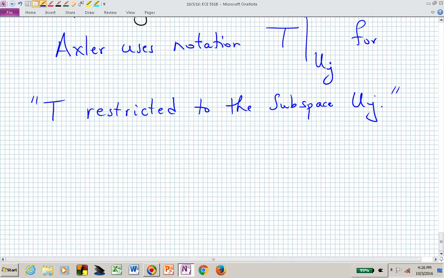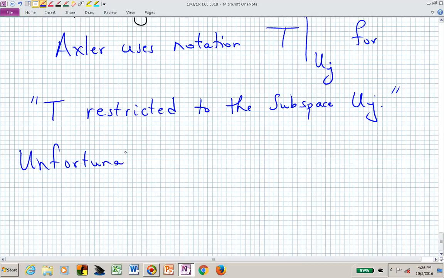And that would be nice if we could always have that operator mapping from this subspace back into that subspace, but that's what we can't always guarantee for a generic map.